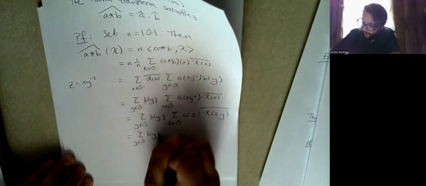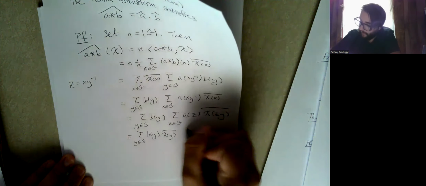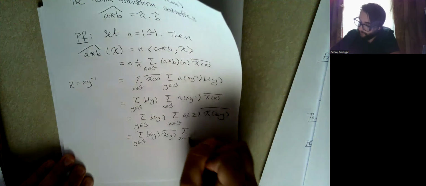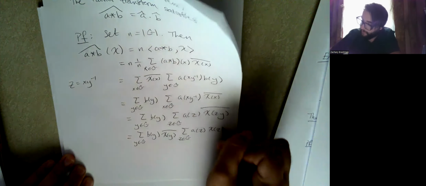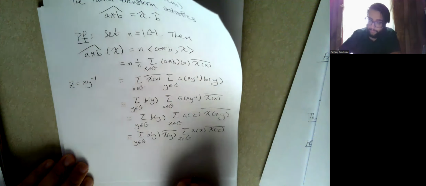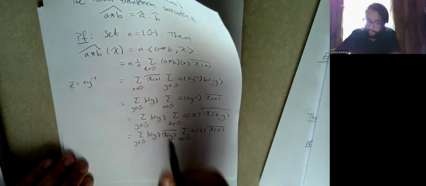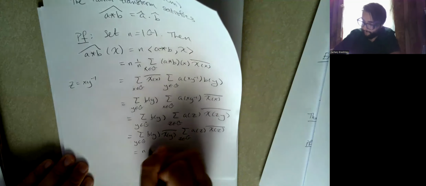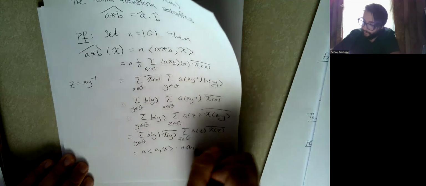So we get b of y, chi of y bar, sum over z in G of a of z, chi of z bar. And now we are pretty much home free. Let's change the order here. And then this is equal to n inner product of a with chi times n inner product of b with chi.